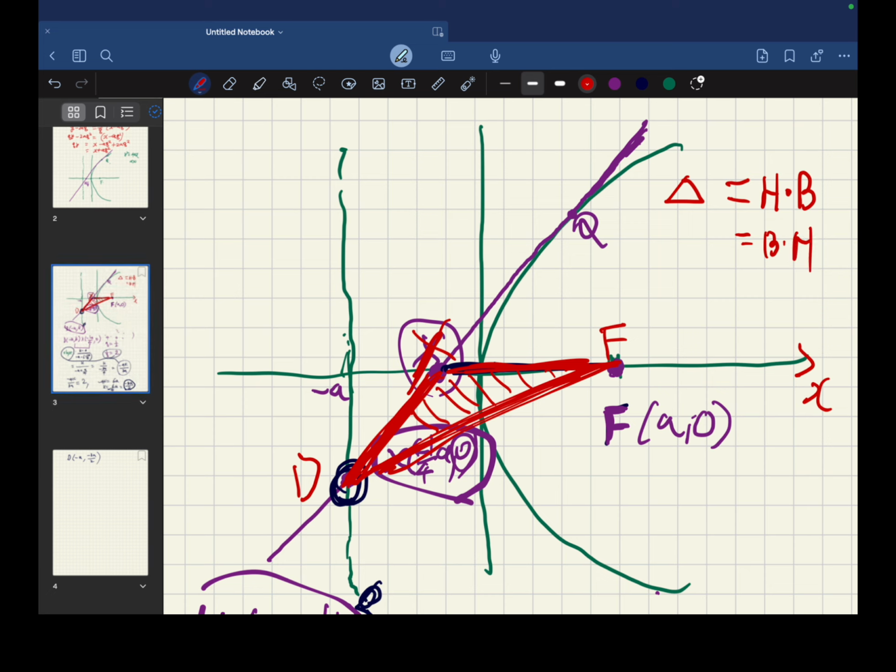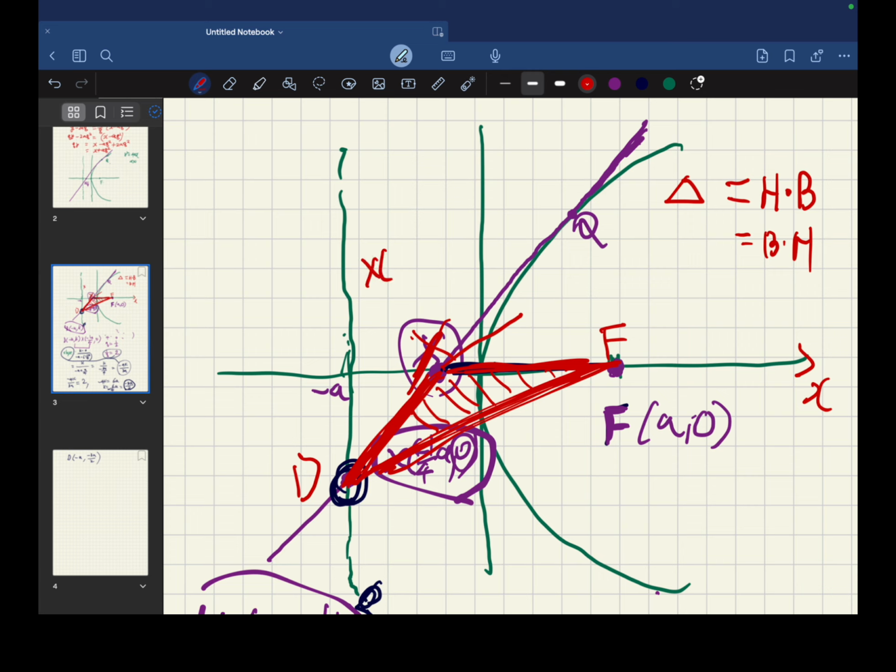The base is the distance between F and X, which is the difference between the x coordinates of these points.